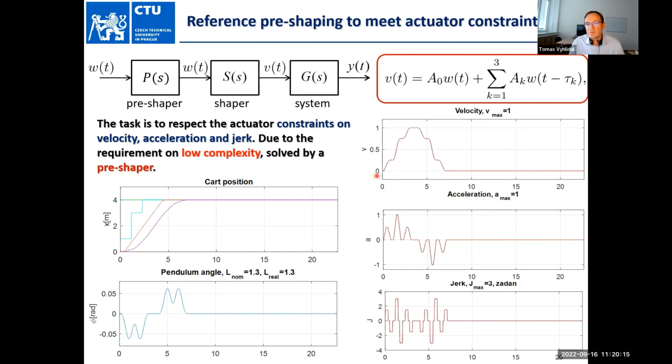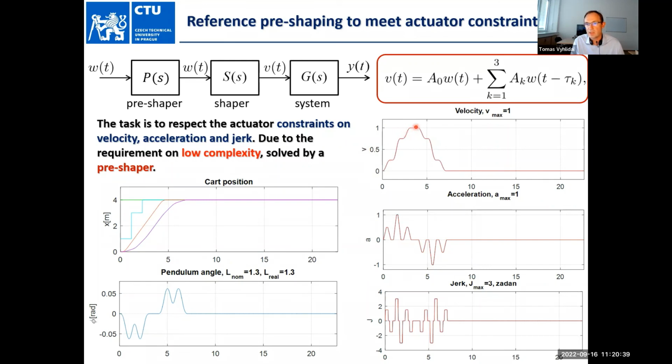The task was to have some robustness against the mismatch between the ideal and true behavior of the flexible part, and also to respect the constraints, the limits of the actuator, concerning the velocity of motion.